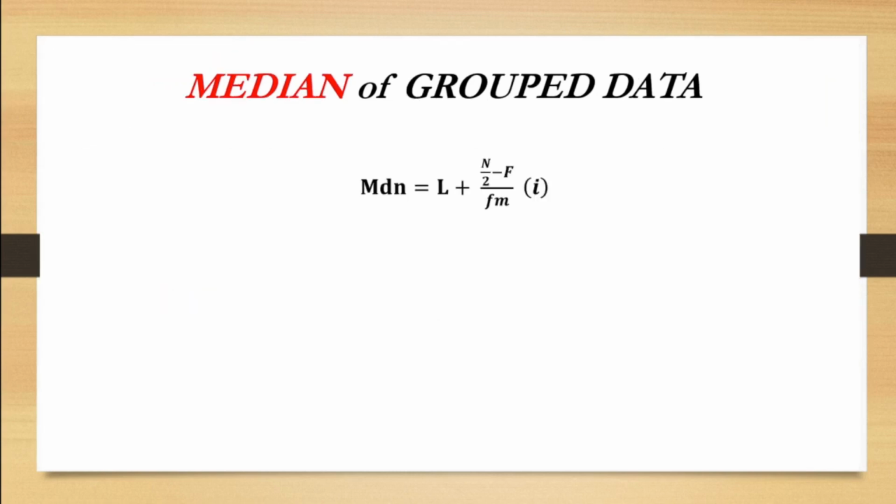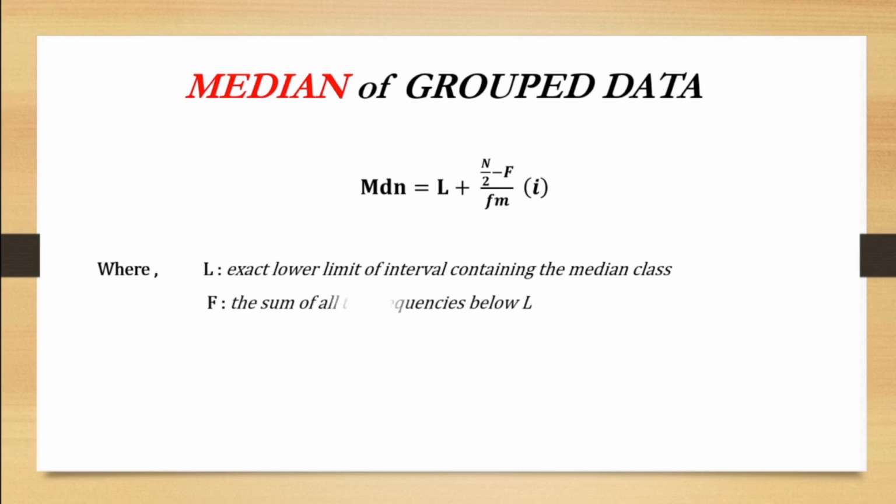And next, we are going to compute the median of the group data. In finding the median of the group data, we are going to use this formula. The median is equal to L plus N over 2 minus the uppercase F over Fm times the I, where uppercase L is the exact lower limit of the interval containing the median class.